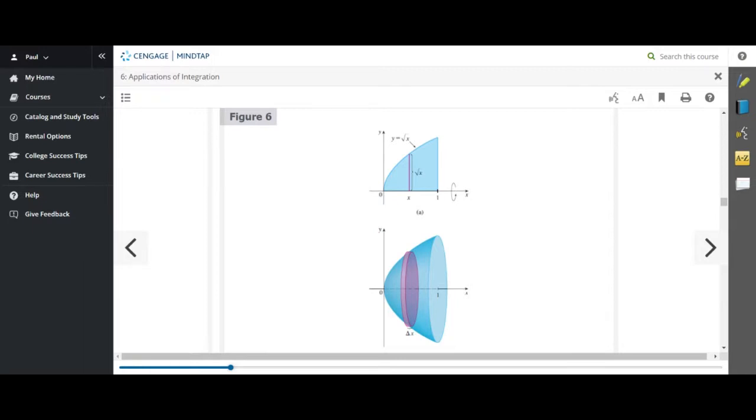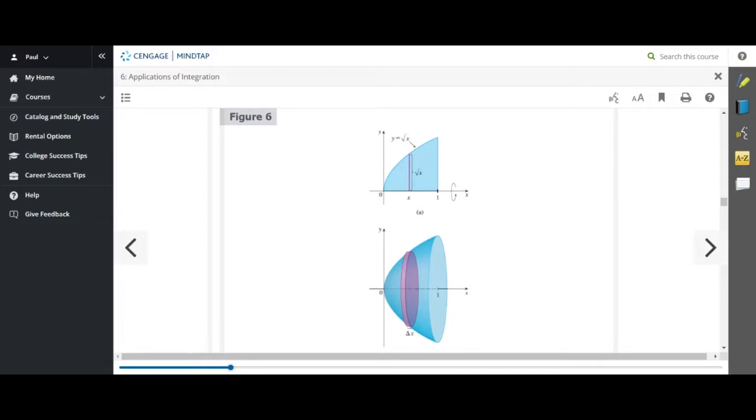Now the cylinder has length delta x. To find the volume of a cylinder, what's the formula for the volume of a cylinder? Do you remember? So Susanna, pi r squared will give us the area of that purple cylinder there in the picture.